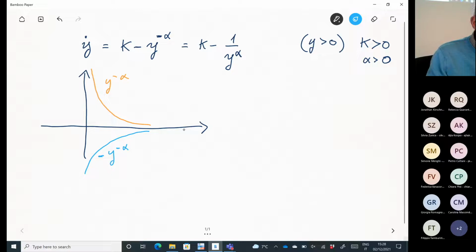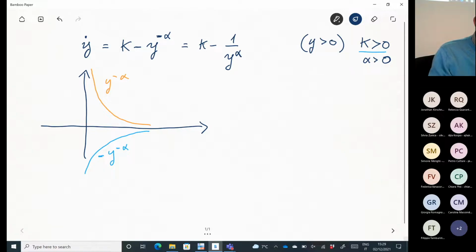0, okay? So if you add k, which is a positive constant, you basically shift everything upwards by an amount equal to k, which means that since when y tends to 0, this goes to minus infinity, okay, because it is an elementary function. Here it goes to plus infinity, here to minus infinity.